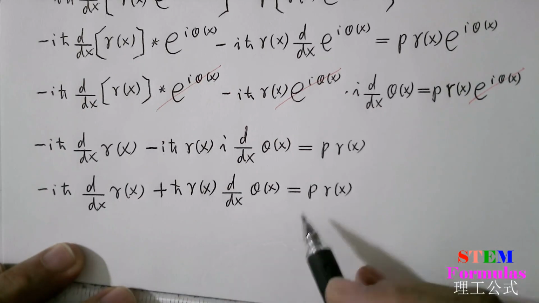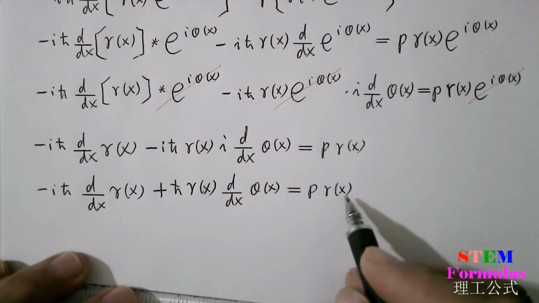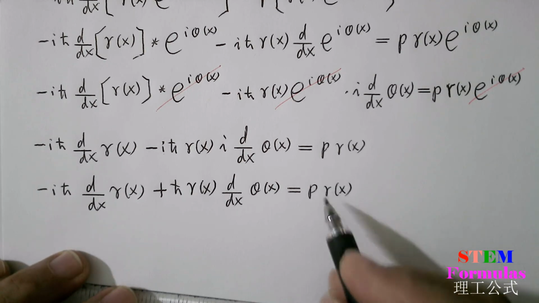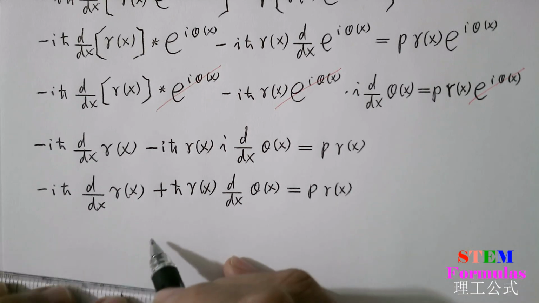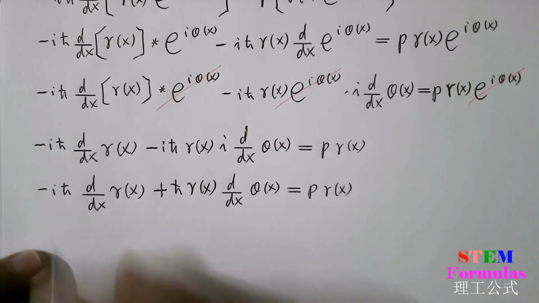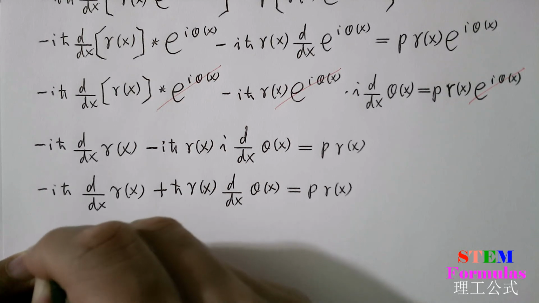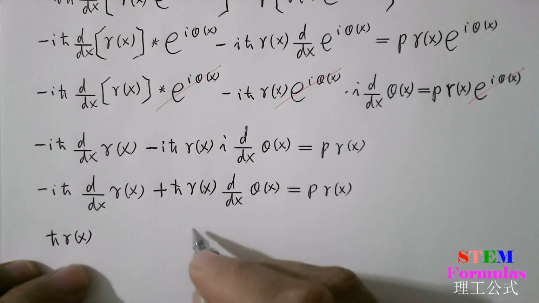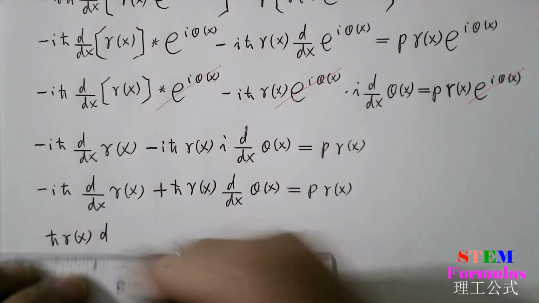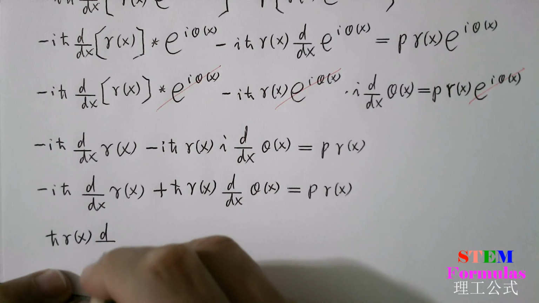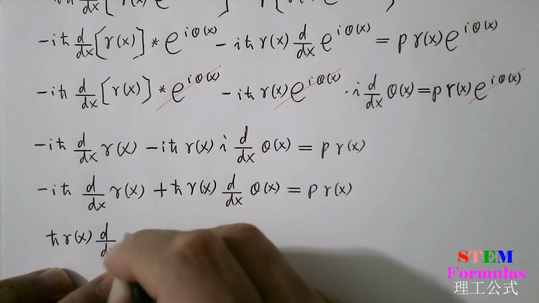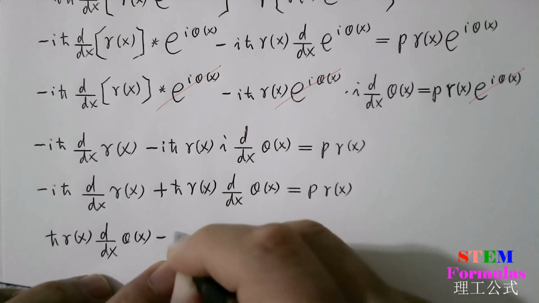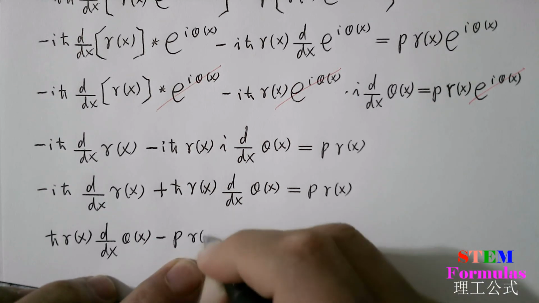If I move this term to the left, I have here h bar r of x d/dx theta of x minus p r of x.